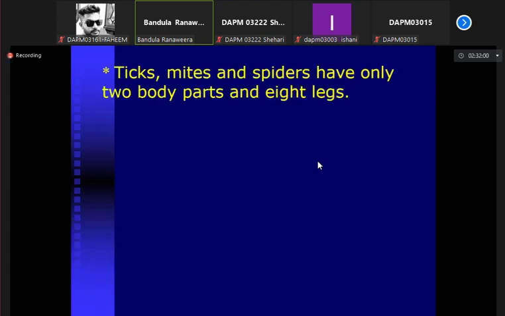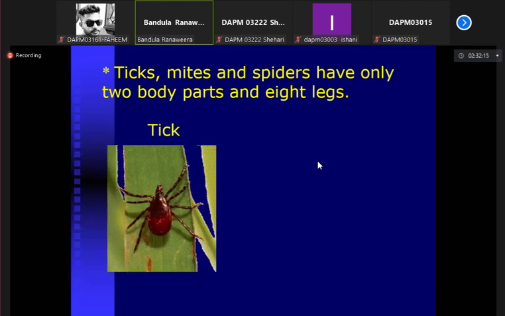Then there are some close relatives, taxonomically, of insects like ticks, mites, spiders, and they have only two body parts or body segments. The head and thorax combined together with the abdomen separate.